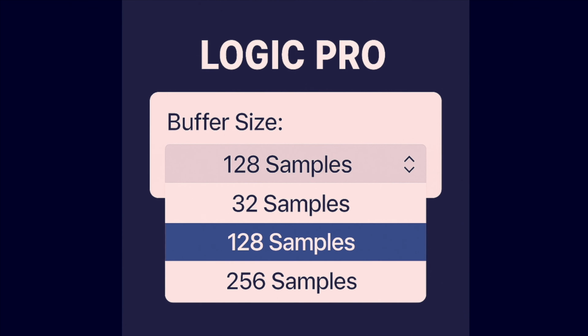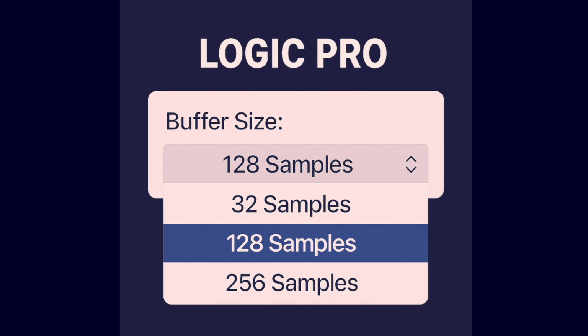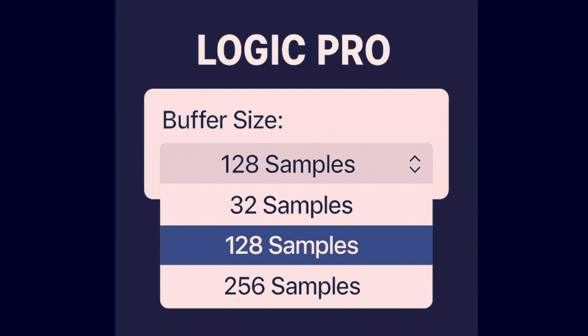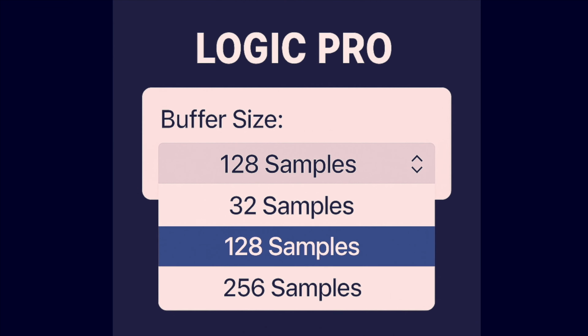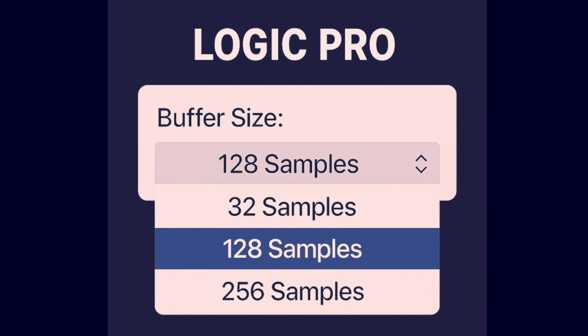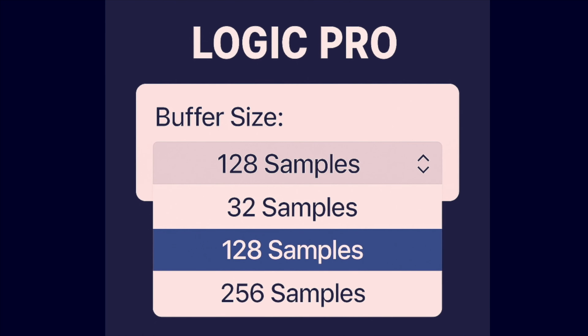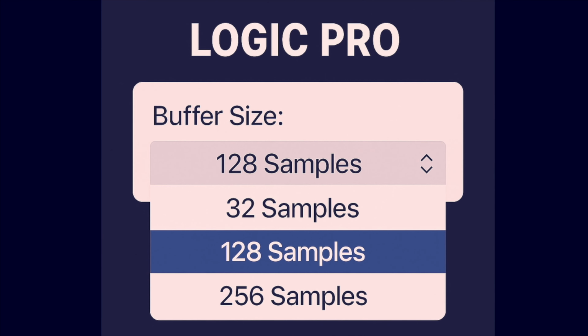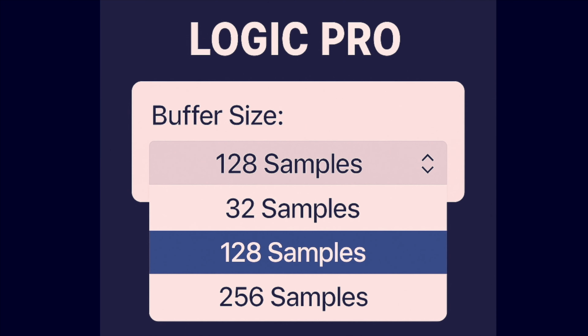But a lower buffer size also demands more from your CPU. If your system can't keep up, you might hear pops, glitches, or even Logic dropout warnings. For recording, stay between 64 and 128 samples. For mixing, when latency doesn't matter, you can increase it to 512 or 1024 to reduce CPU stress.